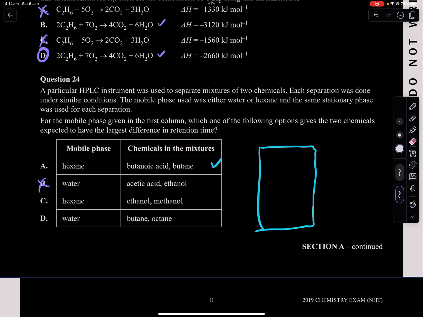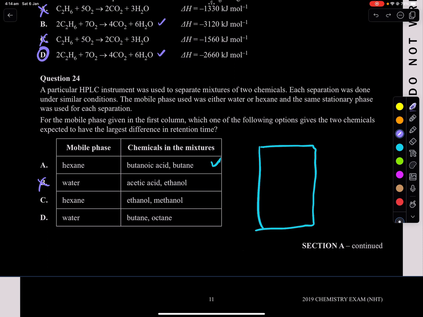Hexane, ethanol. So we know hexane is going to go straight away down because it's non-polar, whereas ethanol is polar, so it'll go down here. Whereas methanol will also go, because methanol is polar, whereas hexane is non-polar, so it will be going less down because it's methanol. Wait, what am I doing? No. My apologies.